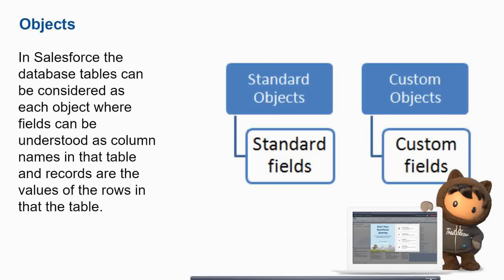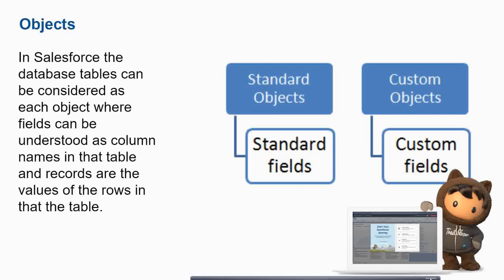Objects are like the databases where you store the data, and fields are kind of the table columns where you have the data. So objects can also be looked at as tables. Basically it's the data store where the data resides.